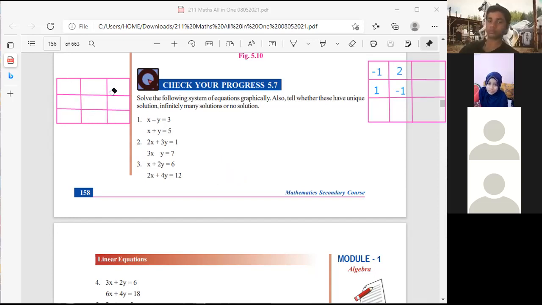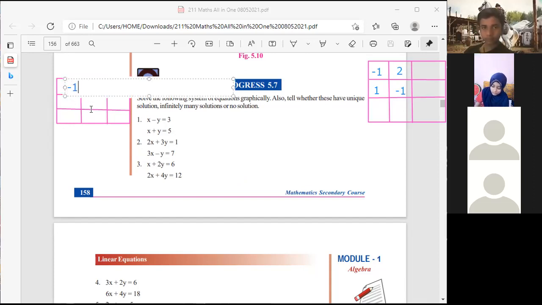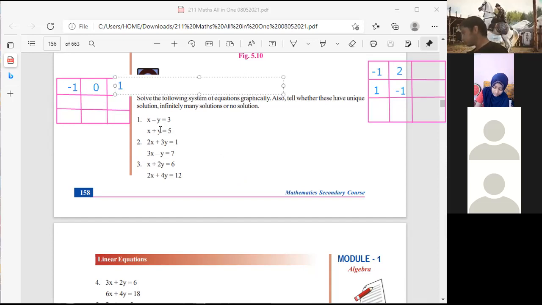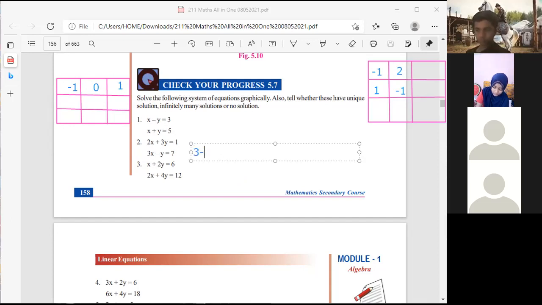Now let us look in this particular column, that is 3x minus y is equal to 7. Again, I do the standard form. What is my standard form? I take minus 1, I take 0, and I take 1. I don't know whether it will work or not. Now 3x minus y, so it's going to be 3 multiplied by minus 1, minus y is equal to 7.